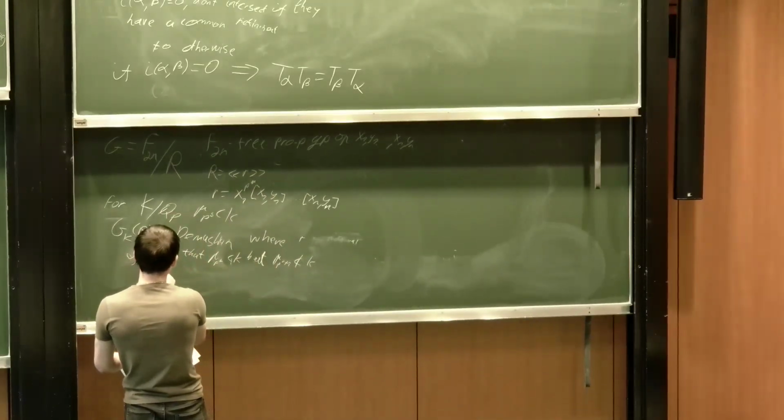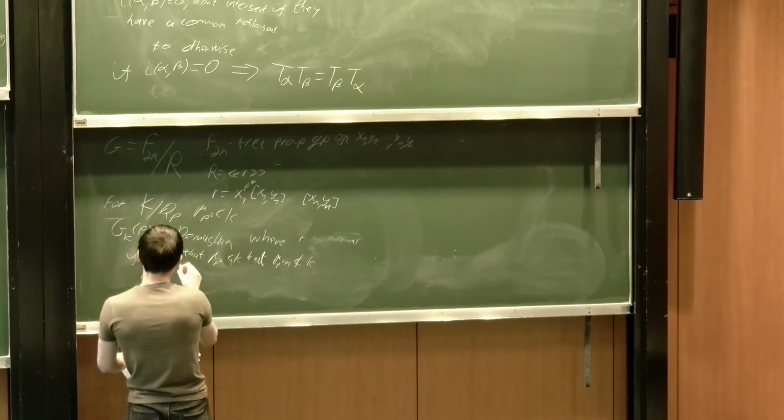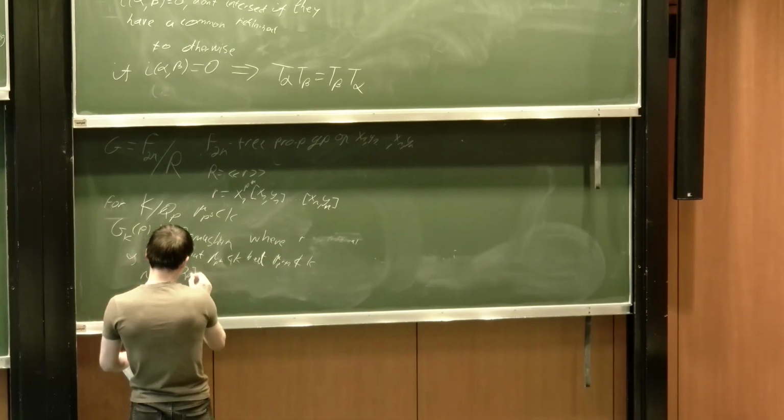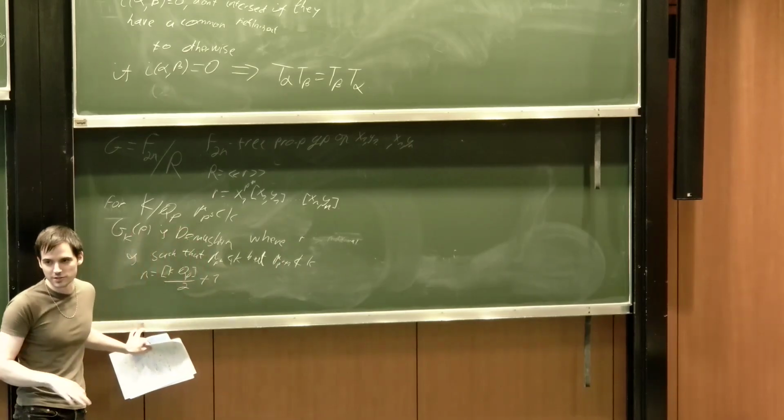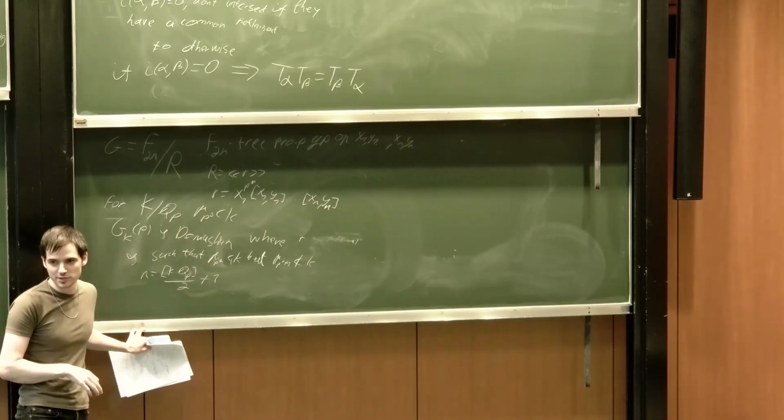And n is equal to the degree of K over Q_p divided by 2, plus 1. The degree is even because p is odd and we have Q_p inside.